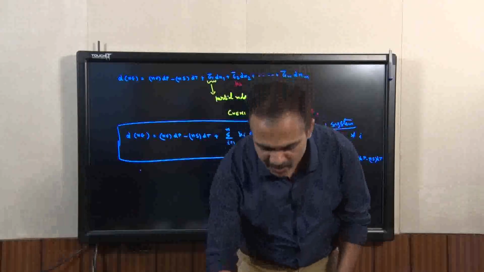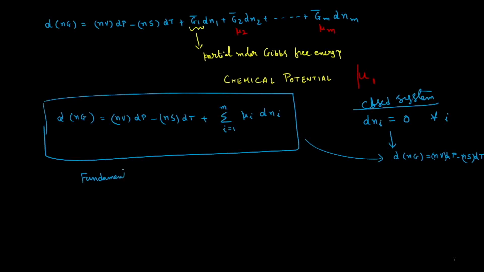This is called the fundamental property relation. And in fact, we can write all the derivatives we talked about so far by looking at this fundamental property relation. If I were to take the derivative of nG with respect to P holding the temperature and all n i constant, then holding temperature and all n i constant will cancel out the second and the third terms.